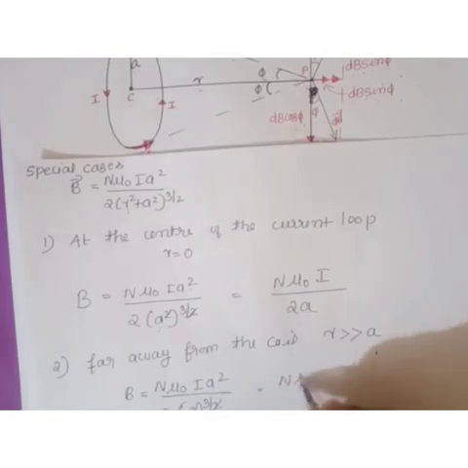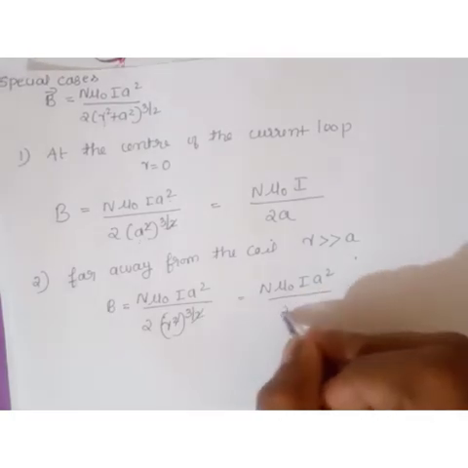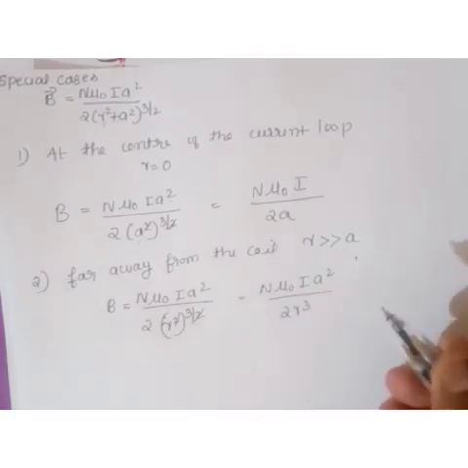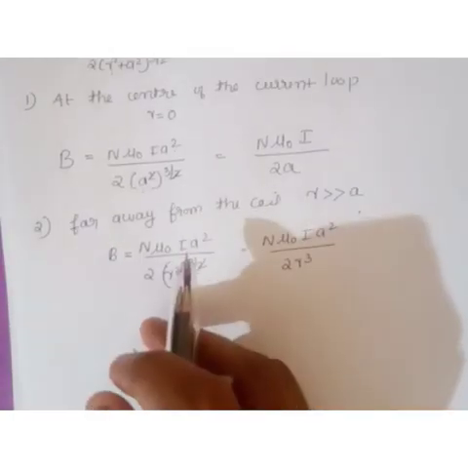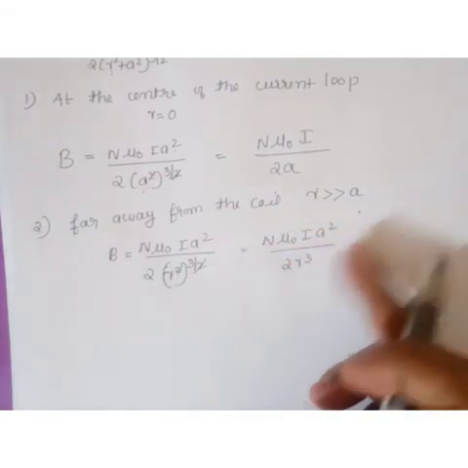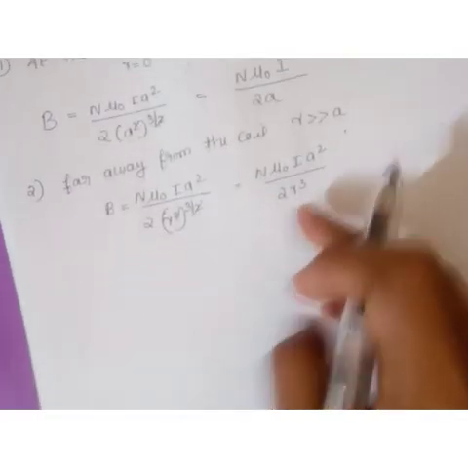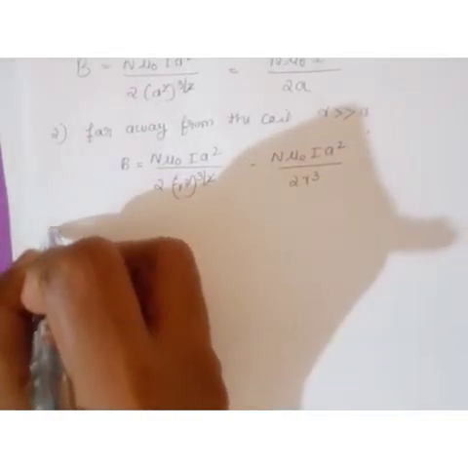So N mu 0 I a square divided by 2 into r cube. Okay, so this is at the axial point lying far away from the coil. The equation becomes N mu 0 I a square divided by 2 r cube.